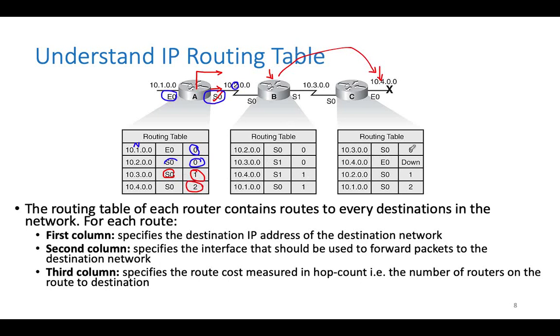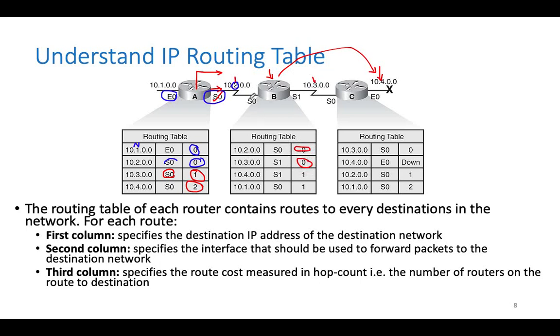Yes. Let me show you. Over here, for example, I have 2 interfaces, S0 and S1. If you want to reach 10.2, send it to S0, and there are no hops between, because that's directly connected. As you can see here, this is 10.2, this is 10.3, directly connected, which means 0 and 0 hops between.